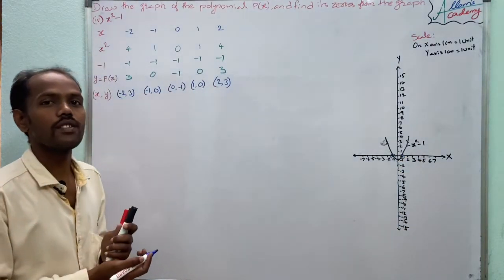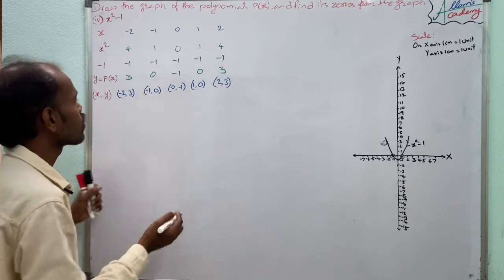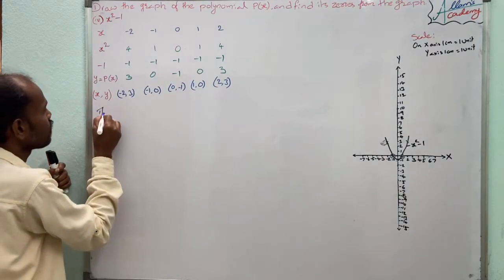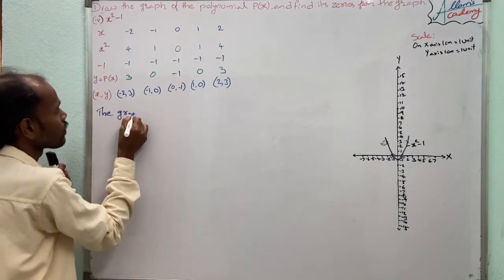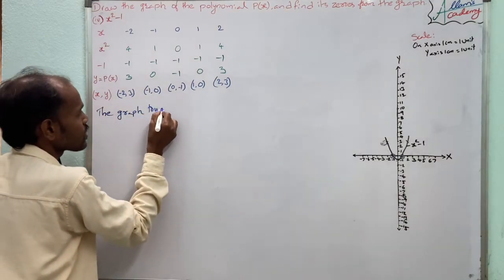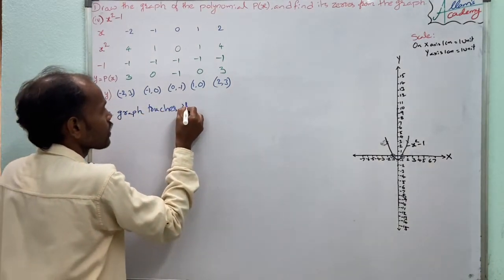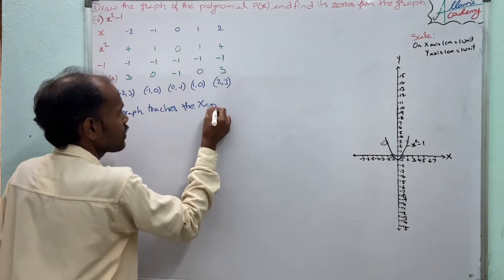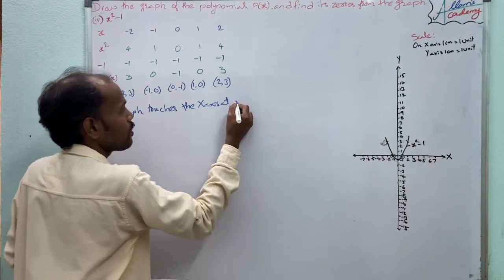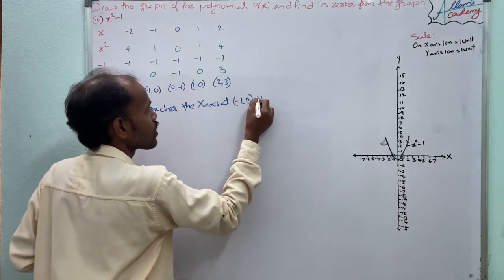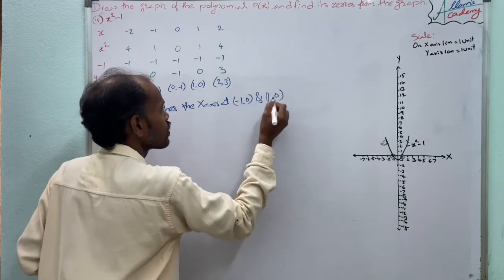So how many zeros does it have? It has 2 zeros. So the graph touches the x-axis at (-1, 0) and (1, 0).